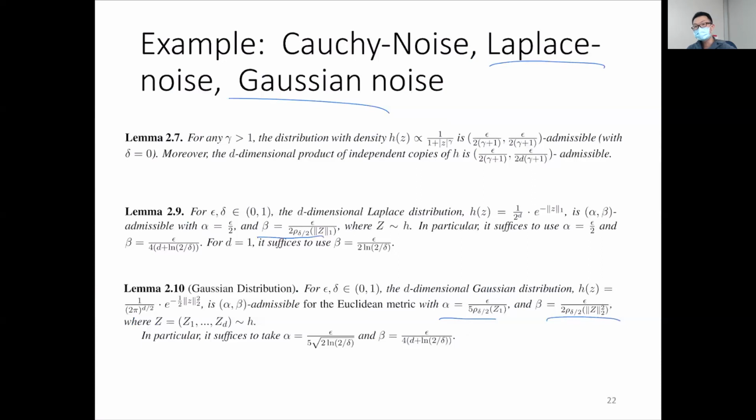Suppose we want to get pure differential privacy, then we can add an even heavier tailed distribution than the Laplace distribution. The Cauchy distribution is a family of heavy tailed distributions. There's a parameter gamma that controls the power law of the Cauchy noise. When gamma is equal to 2, the distribution doesn't even have a mean, right?